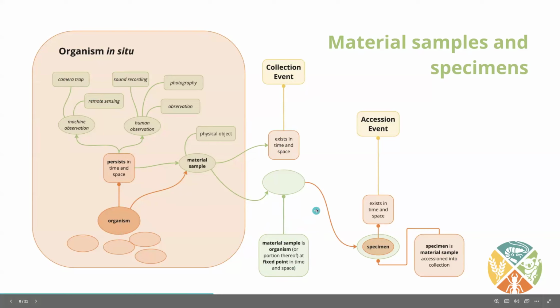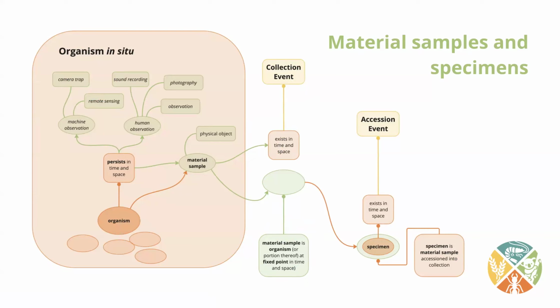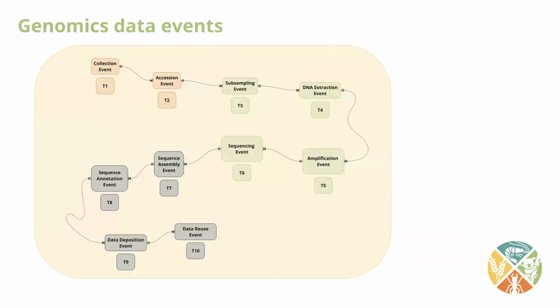And that event, or the fact of collecting it, is something that's fixed in space and time, which is that time-bounded part of the definition of occurrence. Then, as I said, it goes on to become part of a formal collection in an accession event. So we've defined a number of standard events that may happen within the trajectory from going from collection through to creating genomic data.